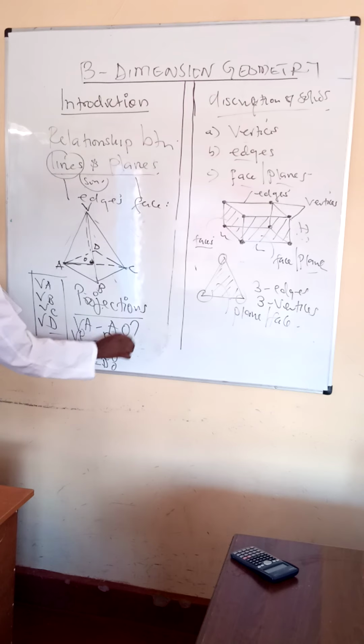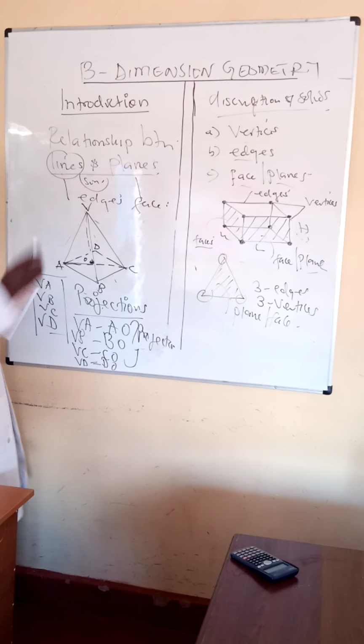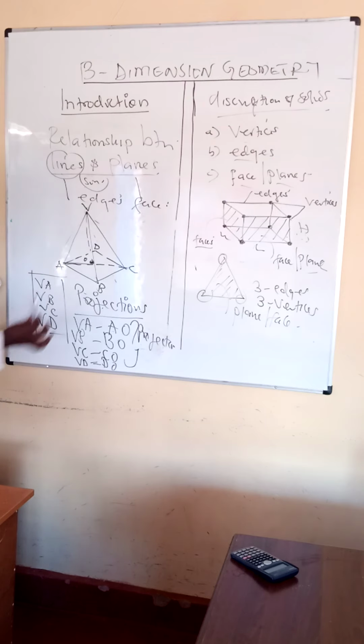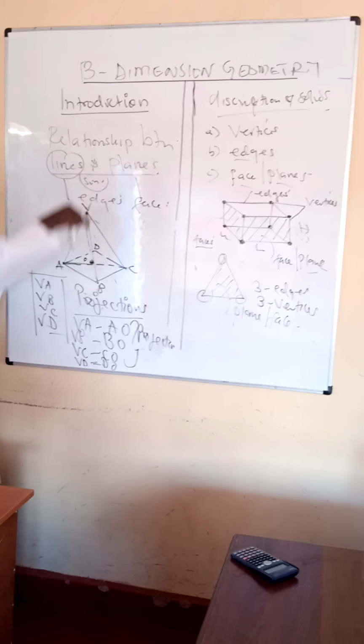So, having understood the projections, we can relate. This is a very important part of this topic. If you don't understand the projections, you cannot understand the other subtopics. We have said the projection of VA is the shadow of VA when it falls on the base, having a source of light above the solid.